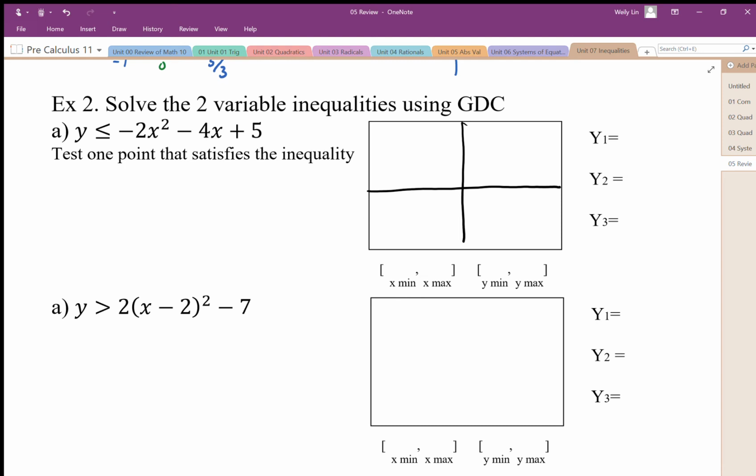So if I'm going to graph this, I end up with negative 2x squared minus 4x plus 5. Our graph is going to be an upside down parabola, and I'm going to draw it with a solid line.